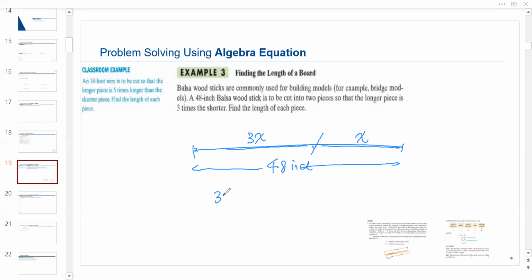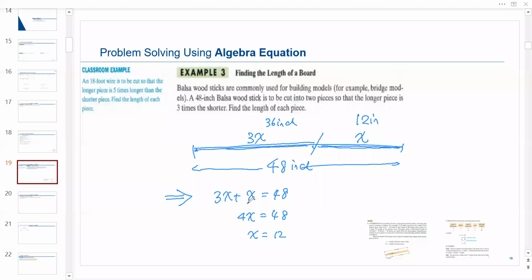So 3x plus x together is 48 inches, so 4x equals 48. So x equals 12 inches, and here is 36 inches. So the longer piece is 36 inches, the shorter piece is 12 inches. The most important thing is we need to build this equation.